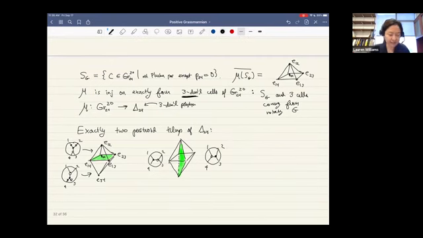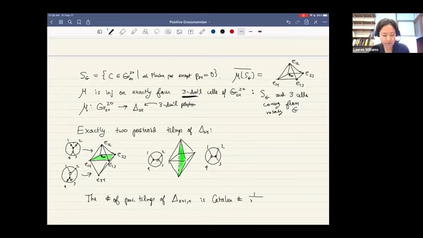And if I slightly generalize the example, the number of positroid tilings of the hypersimplex Delta k+1,n is, again, a Catalan number, the same one we saw before.